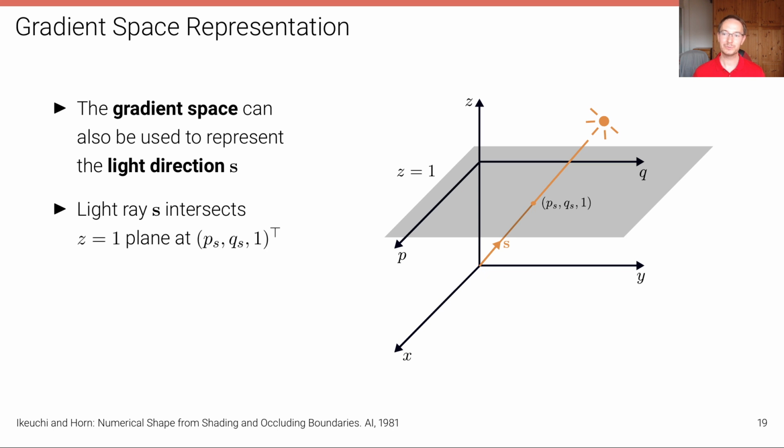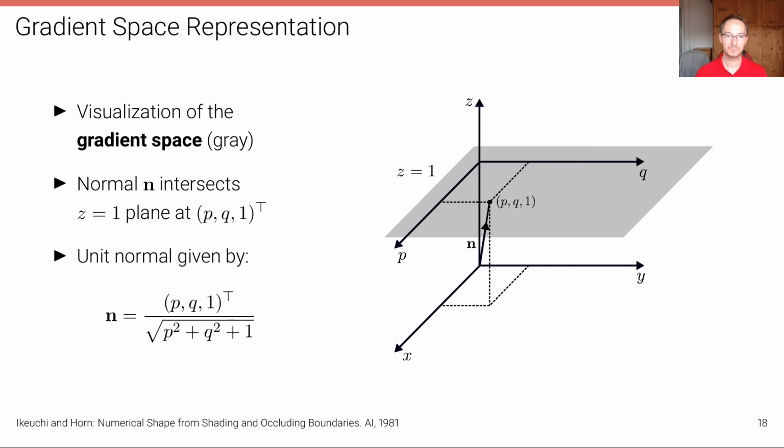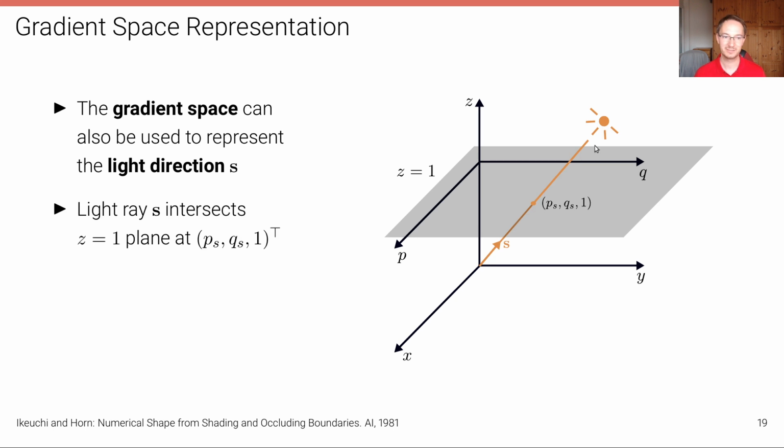Similarly to the normal, where P and Q is the normal representation, we can also represent the light source in this PQ gradient space.